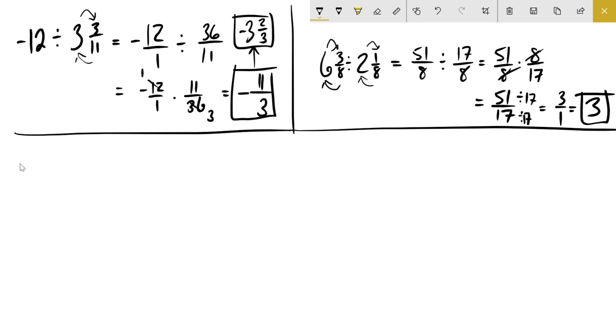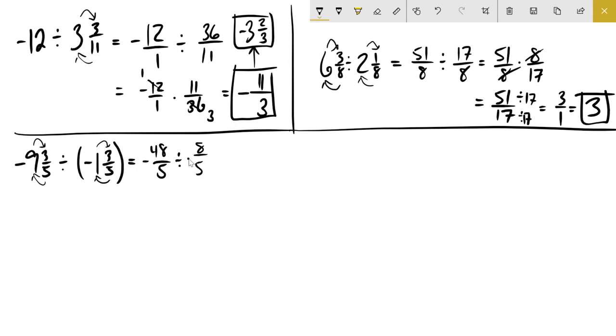Okay, so then here we've got a negative mixed number divided by another negative mixed number. But again, the signs aren't really that important because we know this is going to end up positive, so you can pretty much forget about the signs. So 5 times 9 is 45 plus 3, so that's 48 over 5. And then 5 times 1 is 5 plus 3 is 8 over 5.